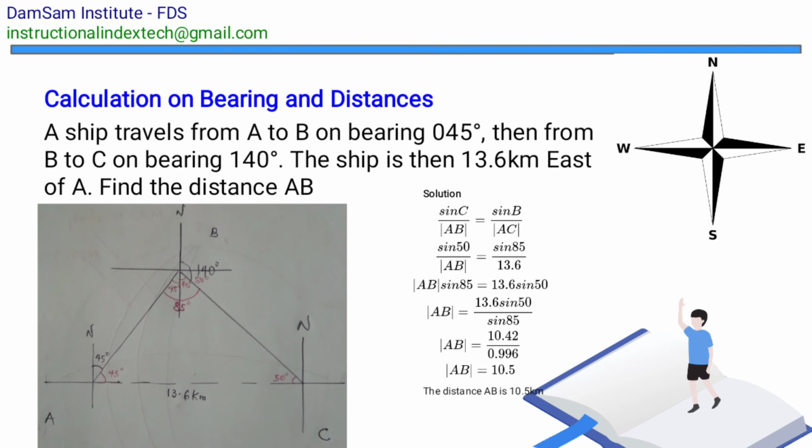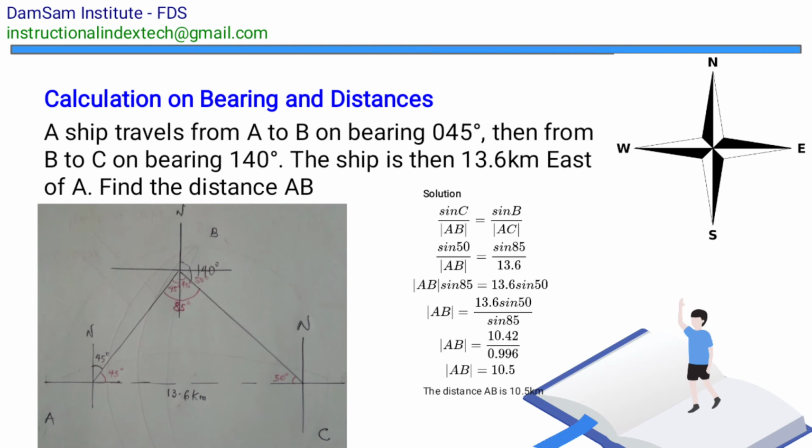Then we'll simplify this further. First we'll cross multiply, and we're going to have AB times sine 85 equal to 13.6 sine 50. We'll divide both sides by sine 85, so AB is equal to 13.6 sine 50 over sine 85.